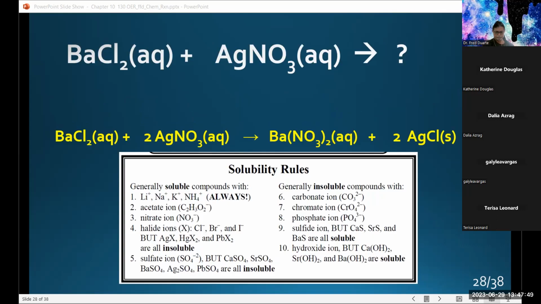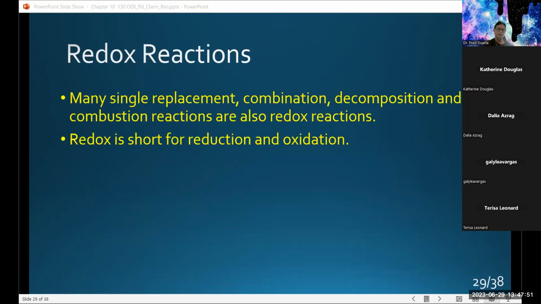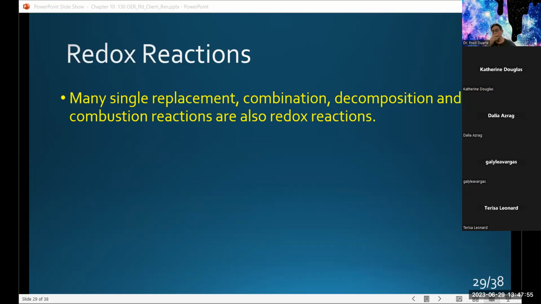Okay, now we have a term for these reactions, and it's a general term. It's called redox reaction. Okay, what's happening here in the majority of these reactions is that one species is giving up electrons while the other species is gaining the electrons.